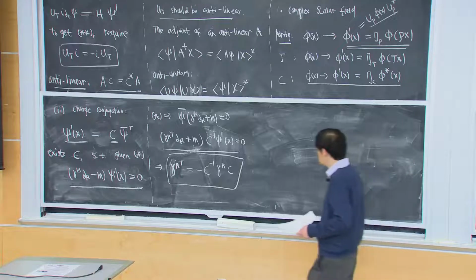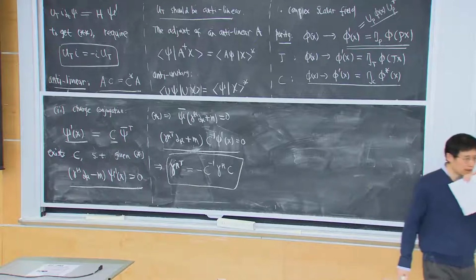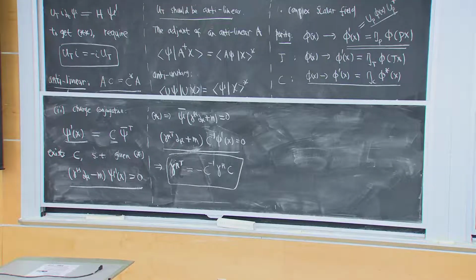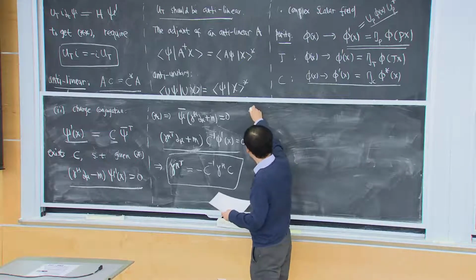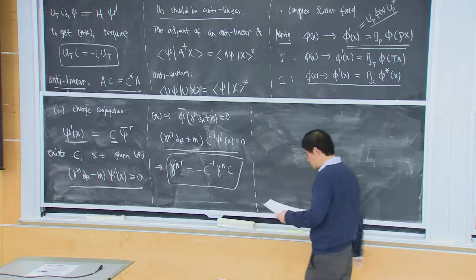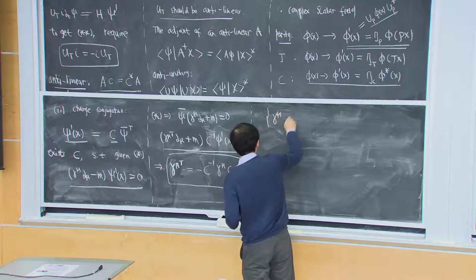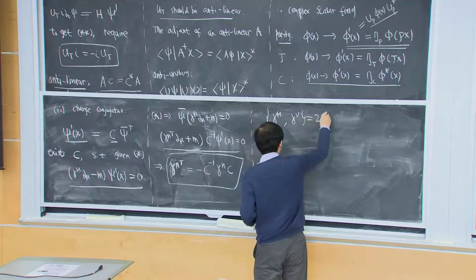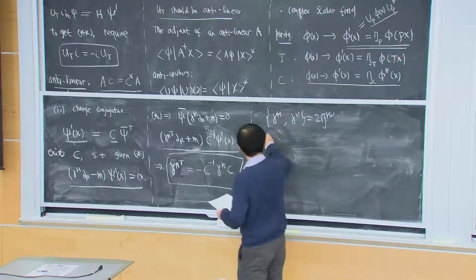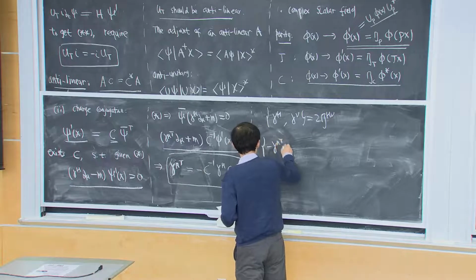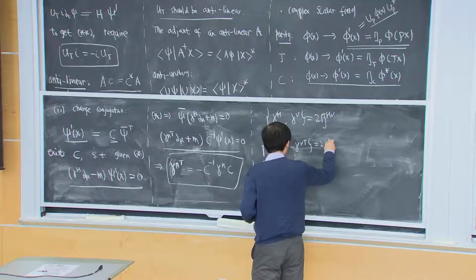So does such a matrix C exist? We can say such a matrix C always exists, for the following reason. Given gamma mu satisfying this Clifford algebra for gamma matrices, minus gamma mu t also satisfies the same algebra.